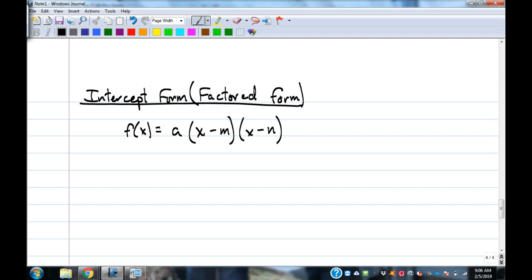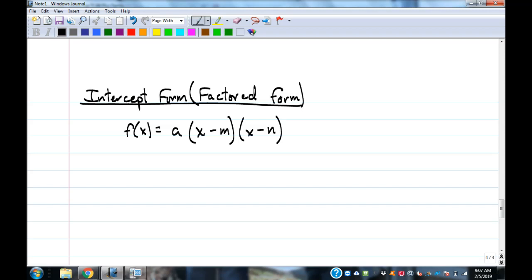There are some shortcuts that exist for finding the vertex and the axis of symmetry for this, but I don't think memorizing shortcuts for this sort of stuff is really helpful. So my suggestion is multiply the thing out into standard form and then do all the rules for standard form. So you only have to know one set of rules for standard form.